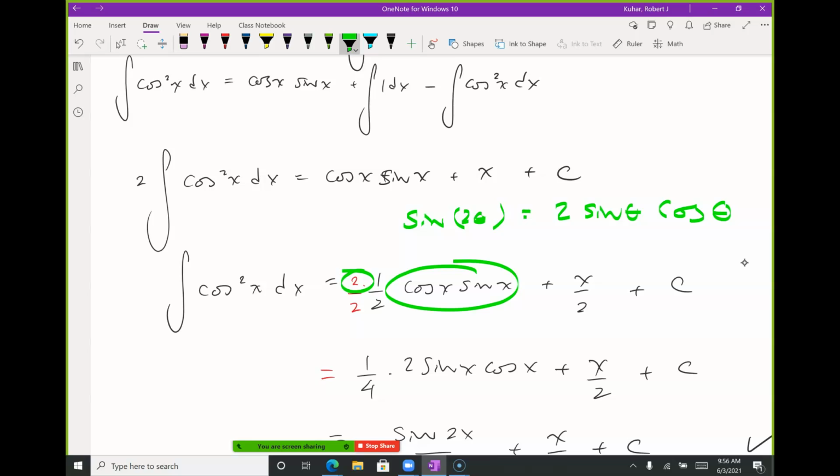But to get the 2 upstairs, I have to also have a 2 downstairs, right? I can only multiply by 1, so I multiply by 2 over 2. Now upstairs I get the 2 sine theta cos theta, which is sine 2 theta, and downstairs I get the 4, just like I had in the other solution when I did power reduction. Okay, thank you. Yep.